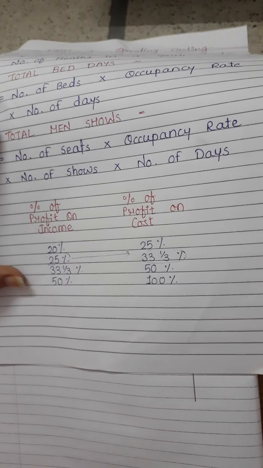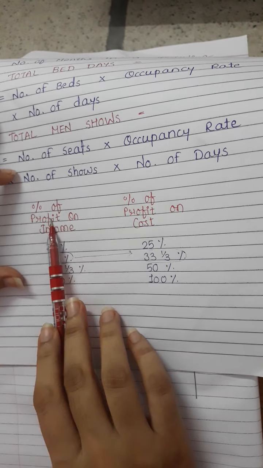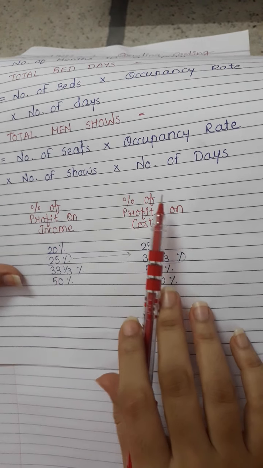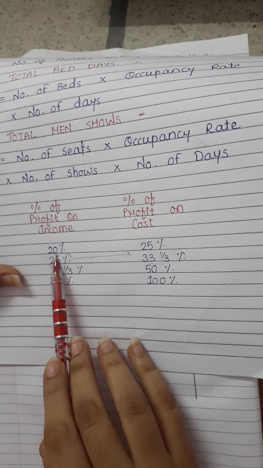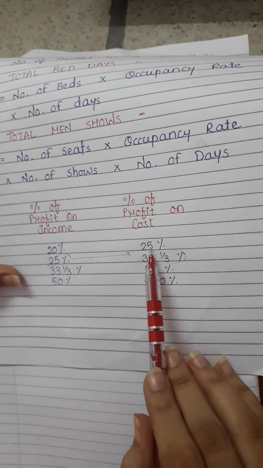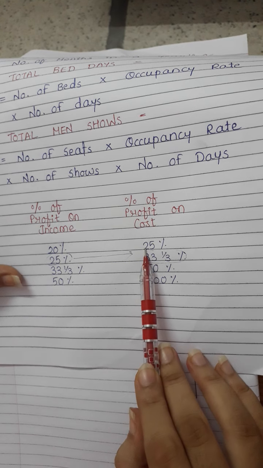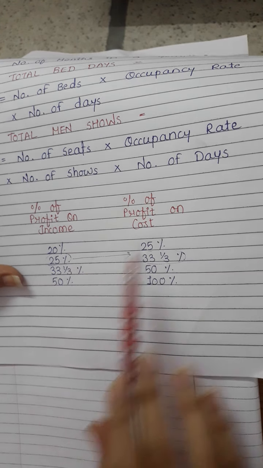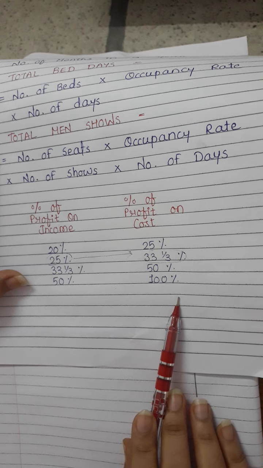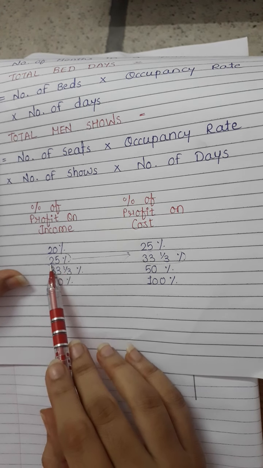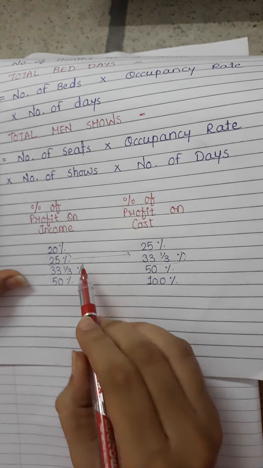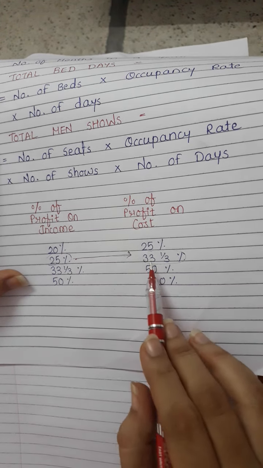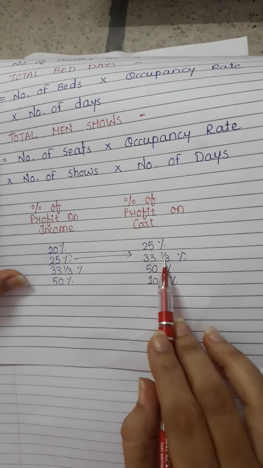For that, last year I gave you one table for the percentage of profit on income and the percentage of profit on cost. When 20% profit on income, at that time 25% profit on cost. Now remember this table for further calculations. In this question 25% profit on income is given, so we will calculate this as 33 1/3% profit on cost.